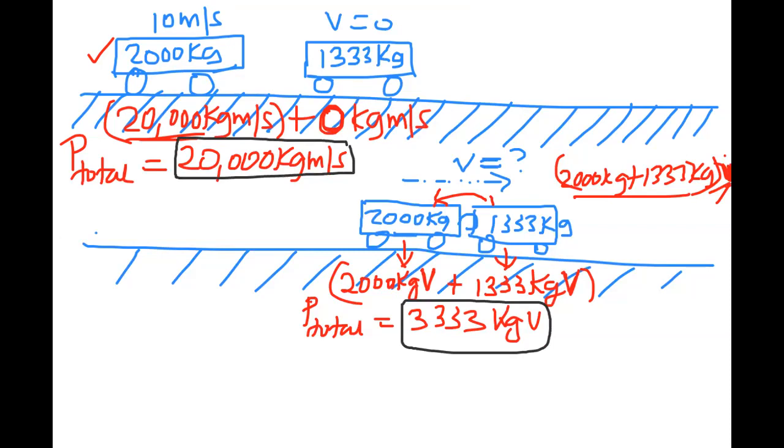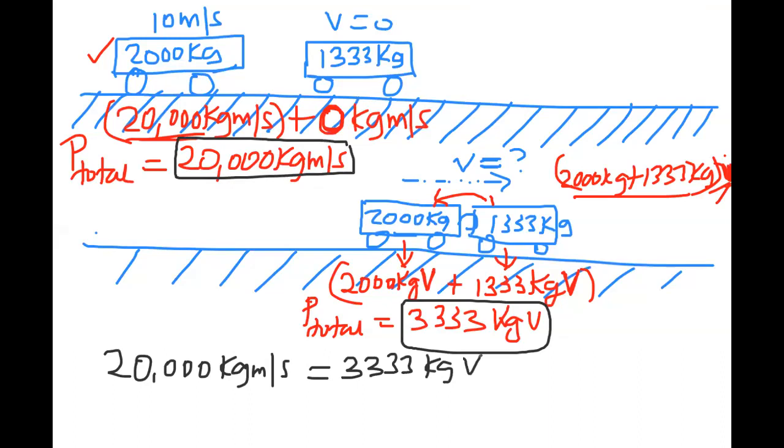So we are going to equate the two. We have 20,000 kilogram meters per second must be equal to 3,333 kilograms times V. Now to find V, divide both sides by 3,333 kilograms. This and this cancel.